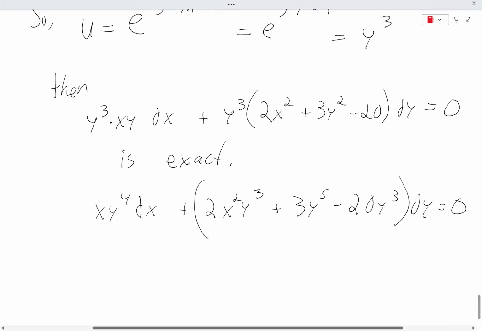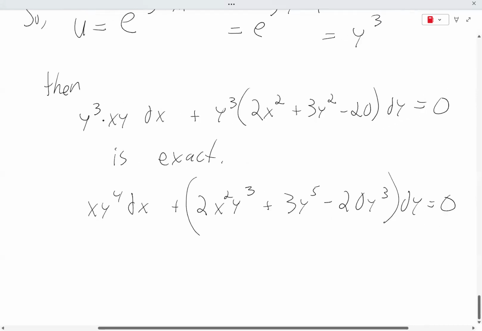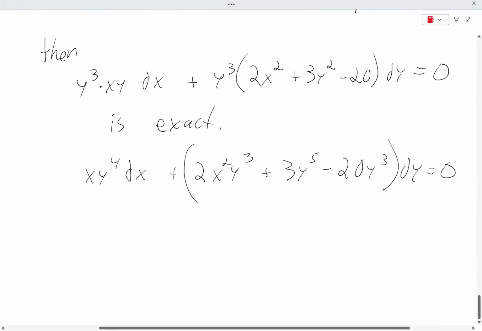I may regret doing that, but I think it'll be easier. So anything there so far? Now this is going to be the f sub x right here. This looks pretty easy to integrate, so we'll start with this. So f sub x is equal to xy to the 4th.